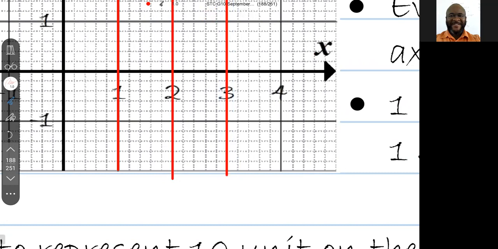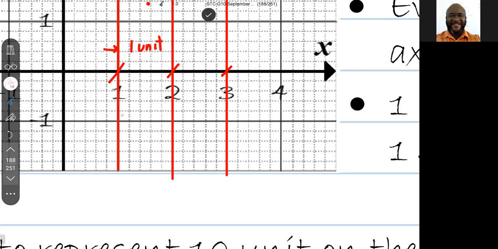All right. So these are 1 centimeter intervals. Now, every centimeter on your graph sheet is divided into 5 equal parts. So the scale is 1 centimeter to 1 unit. So this 1 centimeter here is representing 1 unit.